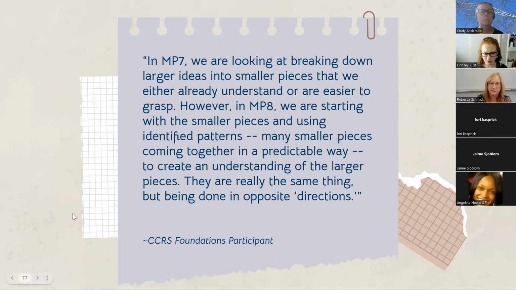In MP7, we are looking at breaking down larger ideas into smaller pieces that we either already understand or are easier to grasp. However, in MP8, we're starting with the smaller pieces and using identified patterns, many smaller pieces coming together in a predictable way to create an understanding of the larger pieces. They're really the same thing, but being done in opposite directions.